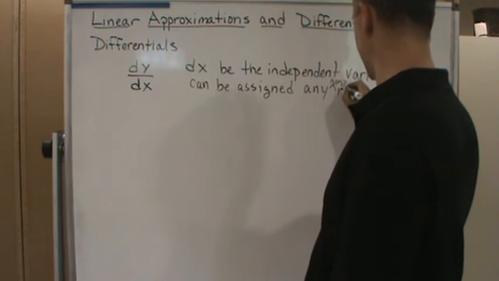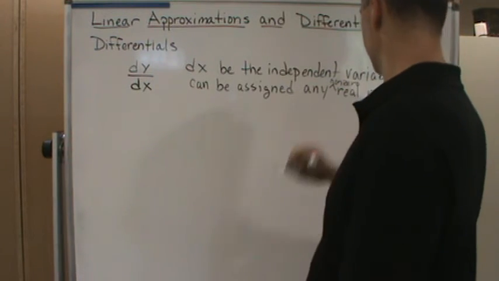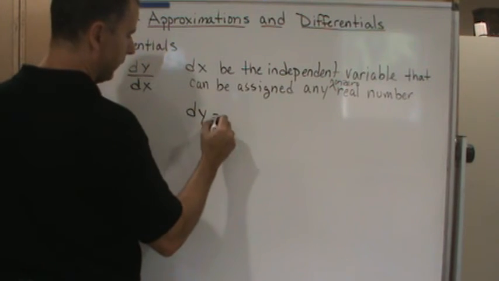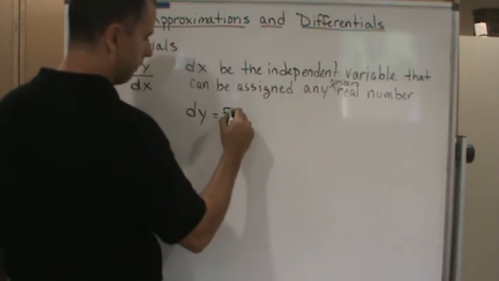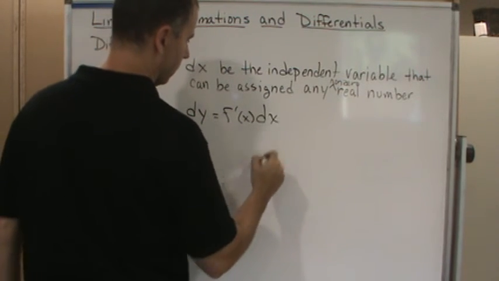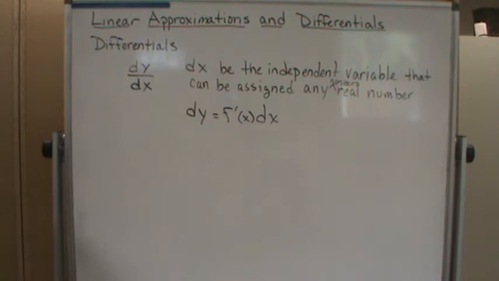Non-zero, right? We want a non-zero real number. And then we're going to define dy to be the following: f prime of x times dx. So dy is the dependent variable defined as f prime of x dx.